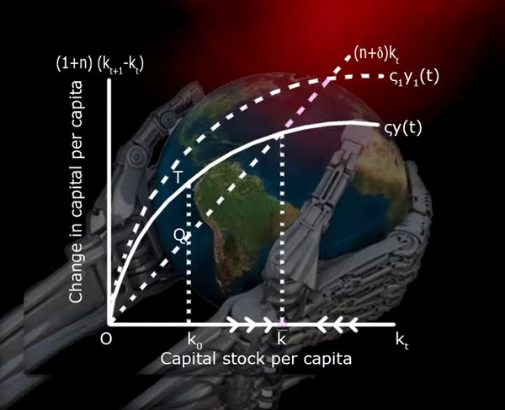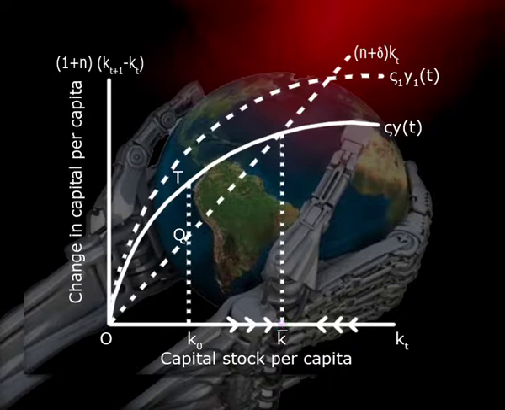If the economy is initially at a point on the right hand side of K bar, then the investment per worker is lower than the investment required to keep the capital per capita constant. This means that the amount of capital per worker goes on declining in the economy.